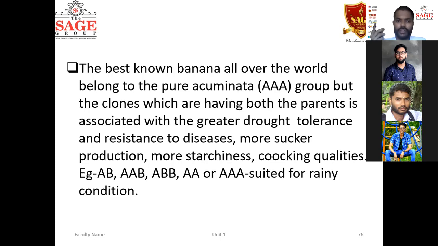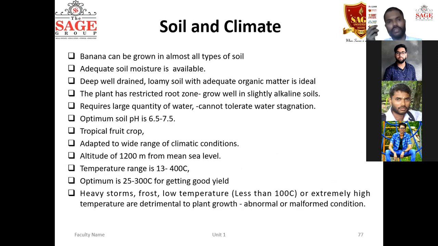In the Balbisiana group, you can see AB, AAB, ABB. But AA as well as AAA are suited for rainy conditions. So at least this, which comes from B, you can remember.